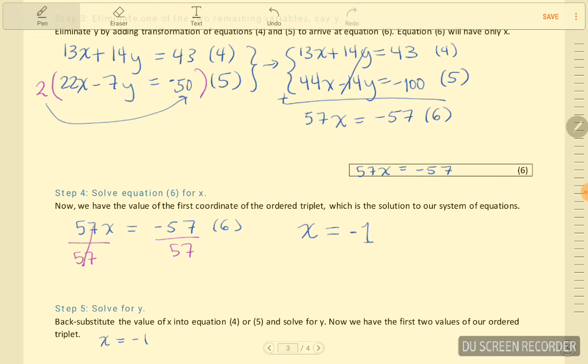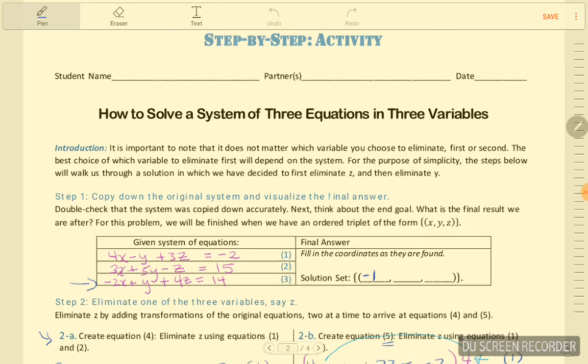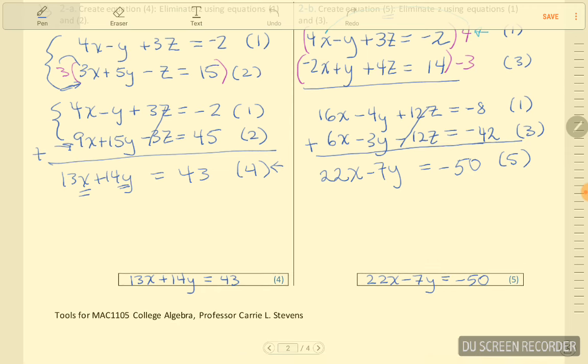But if I go back to one of my other two equations, equation 4 or equation 5 from this step, they have only two variables, so when I plug in a number for x, it's easy for me to find the value of y. And which one should I do? I guess I'll do the first one. I'll use equation 4.